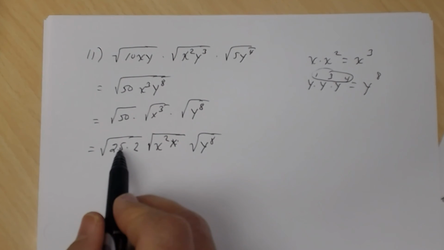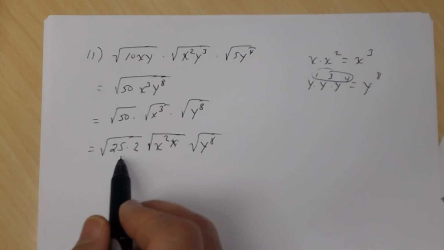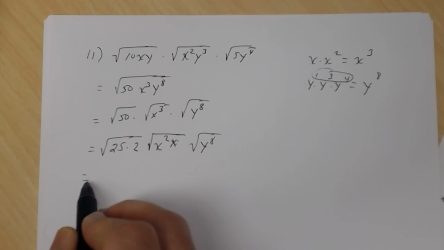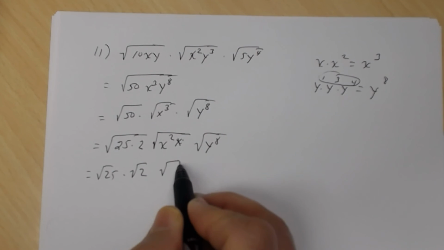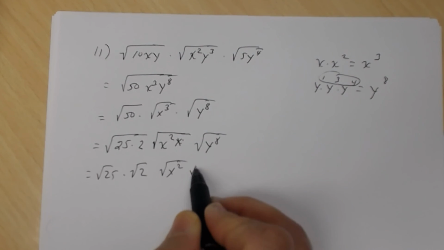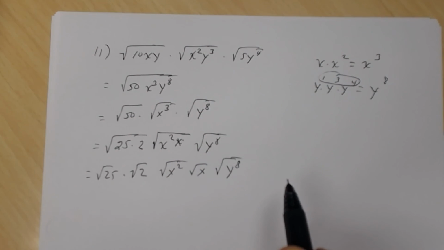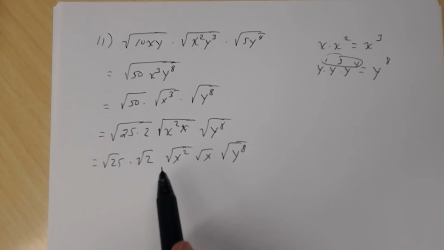All right, I'm going to write these square roots, where I have the square root of a product, as the product of these square roots. So it'll be the square root of 25 times the square root of 2 times the square root of x squared times the square root of x times the square root of y to the 8th. All right, now let's circle the ones I can simplify.